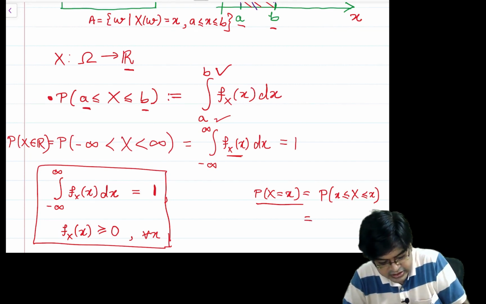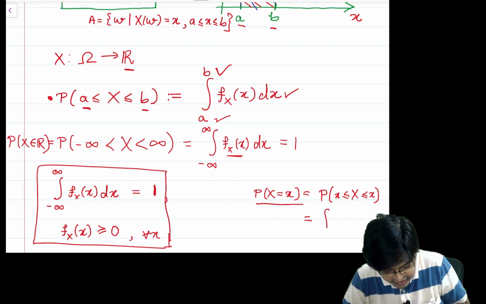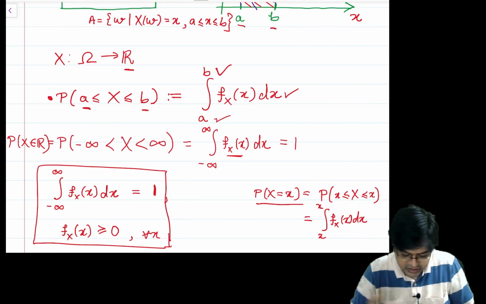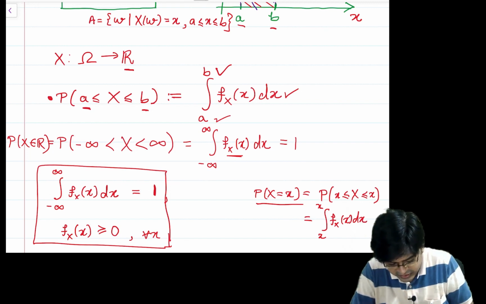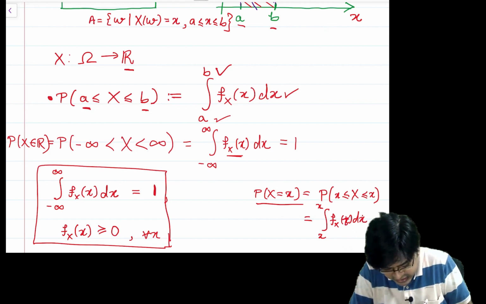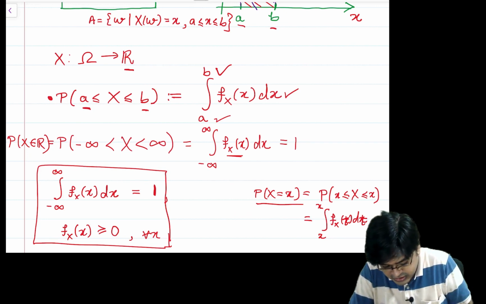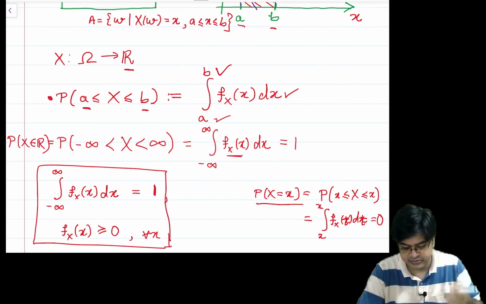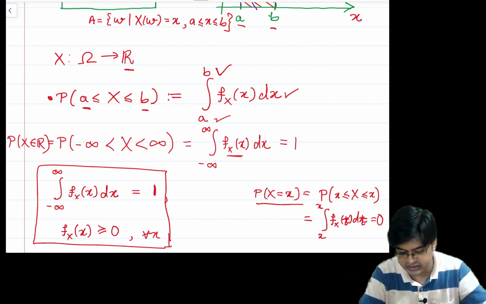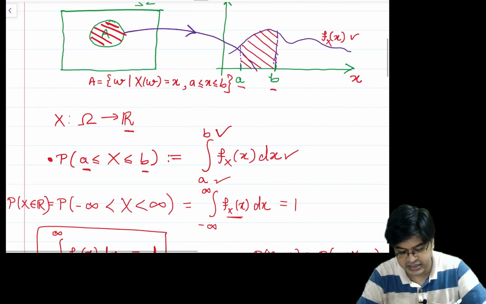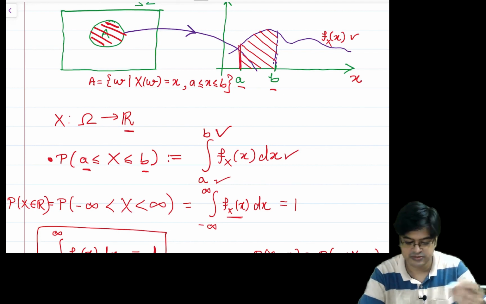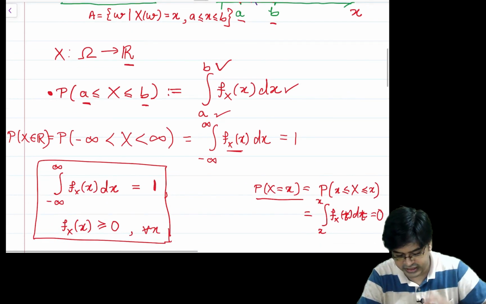According to our notation which is given here, it will be the integral from x to x of f_X(x) dx, or you can put this with a dummy variable t, dt. Now what will be the probability of this? This will be equal to 0, right? Because there is no area under this curve. You are starting at the same point and you are ending at the same point. So there is no area covered under this curve. So this area is 0.